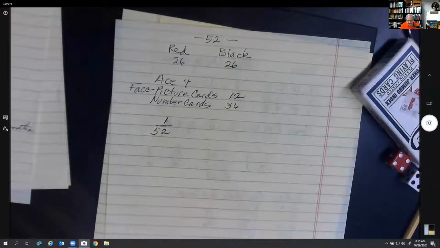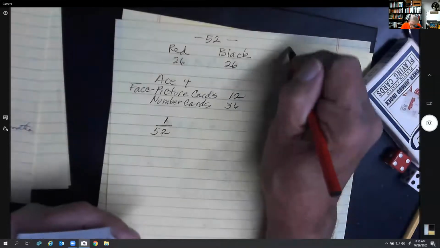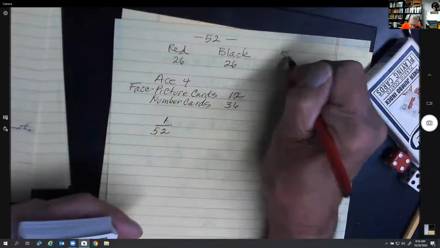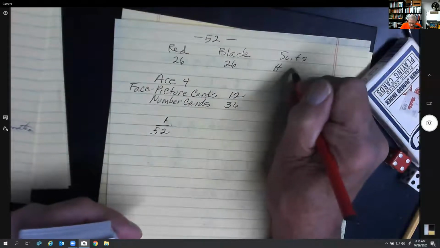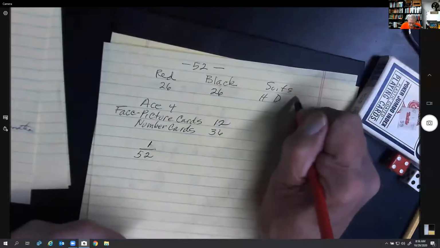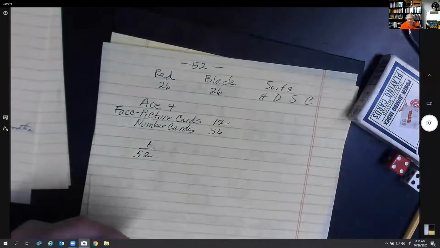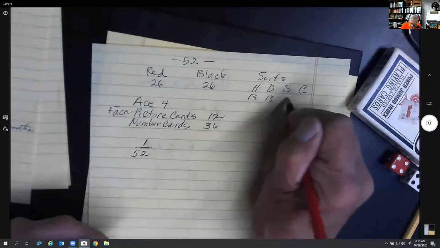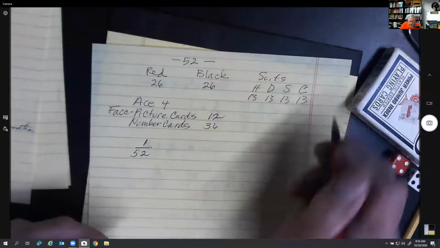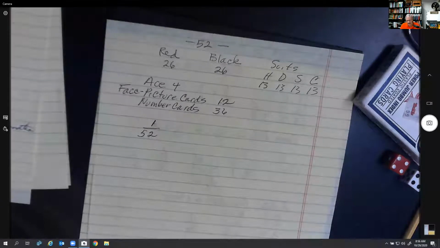Okay, what's the chance? Now, let's talk about suits. There's hearts, diamonds, spades, and clubs. Okay, each one of these has 13 cards in them. They have an ace, king, queen, jack, 10, 9, 8, 7, 6, 5, 4, 3, 2.